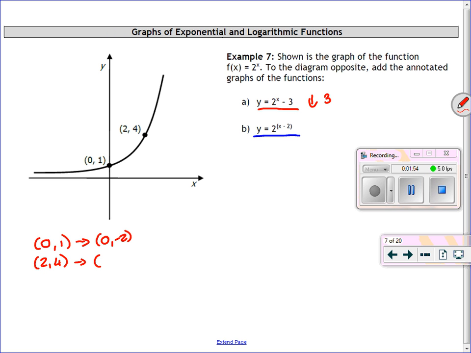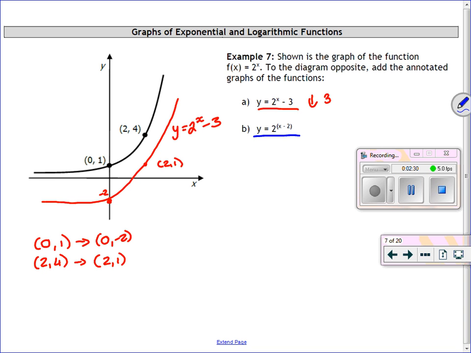If I was to move 2, 4 down 3 places, that goes to 2, 1. And that graph just looks like this. So it's the same as the black graph, but it's just been moved down 3 places, and that's a graph of y is equal to 2 to the power x, take away 3.